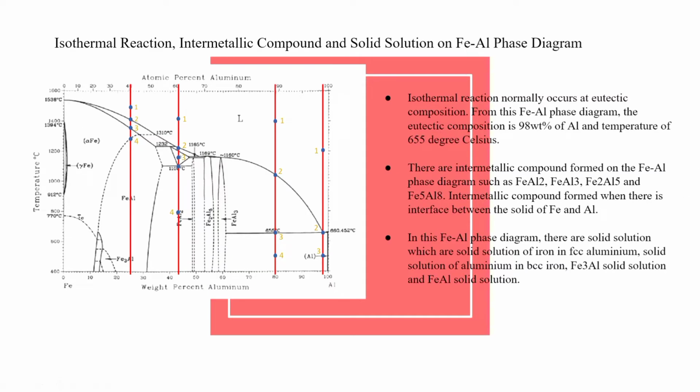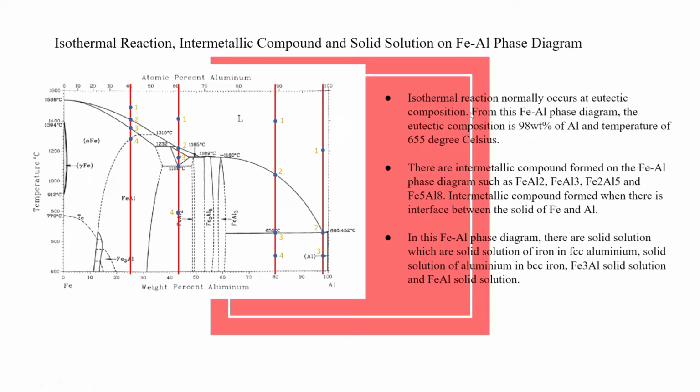Next, we will analyze and discuss the iron aluminium phase diagram. As we can see here, we will discuss four different compositions which are 25%, 43%, 80%, and 98% weight percentage of aluminium. As we know, the isothermal reaction normally occurs at the eutectic composition.